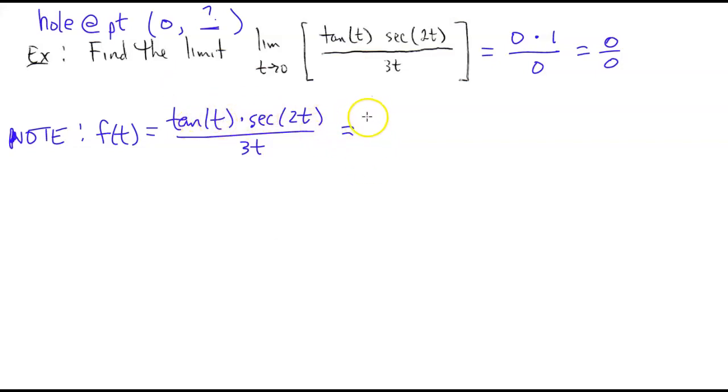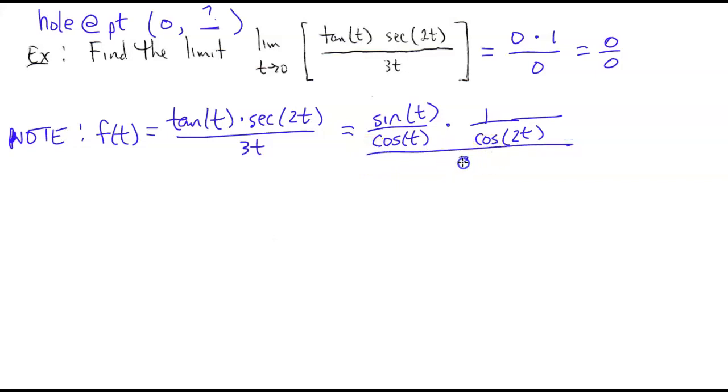So we know tangent is just sine of t over cosine of t. And I also know that secant is 1 over cosine of 2t. And of course, we have all that being divided by 3t.